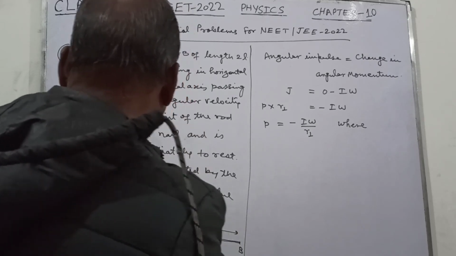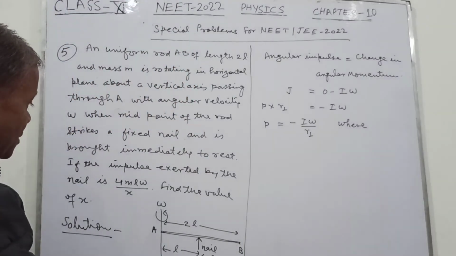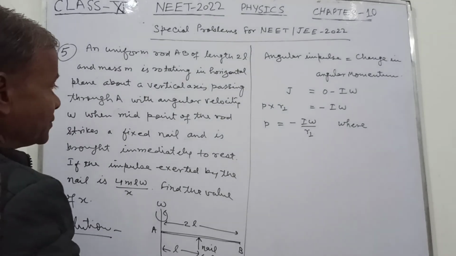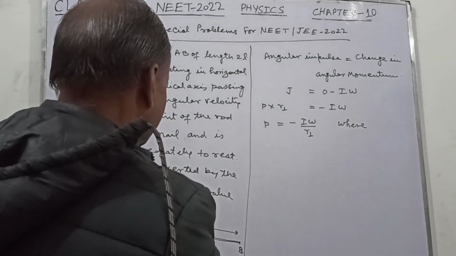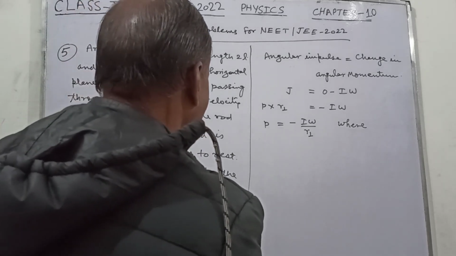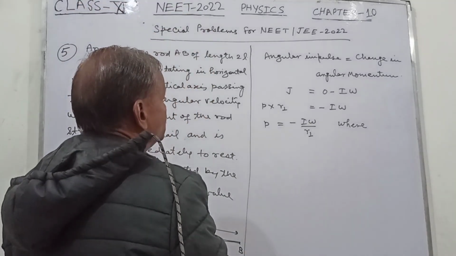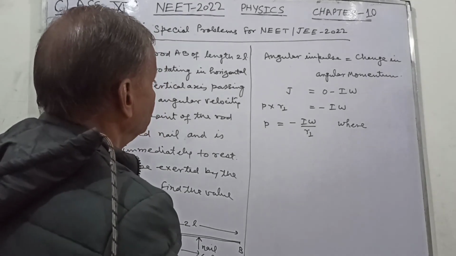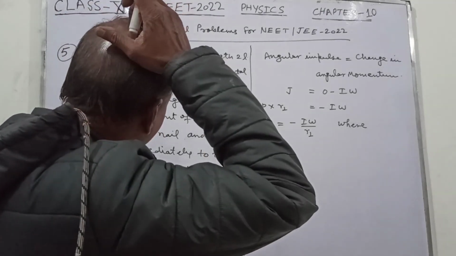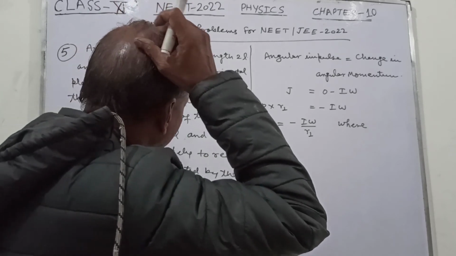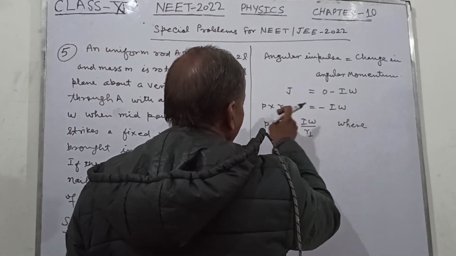If the impulse exerted by the nail is so much, find the value of x. This is not torque.